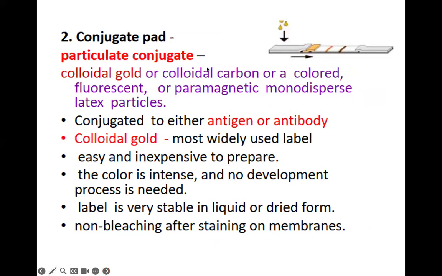Okay, conjugate pad. So this is where the sample pad and conjugate pad are. The conjugate pad is very important. This is where you put the conjugate of gold nanoparticle or any nanoparticle that you're working with, which you conjugate with the antibody, or it might be antigen.